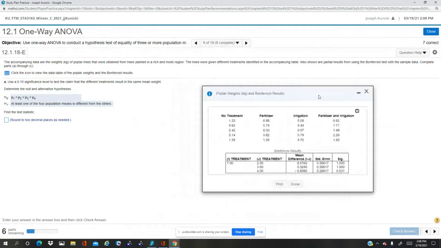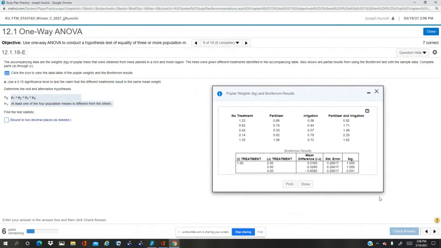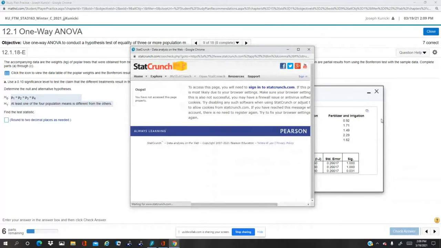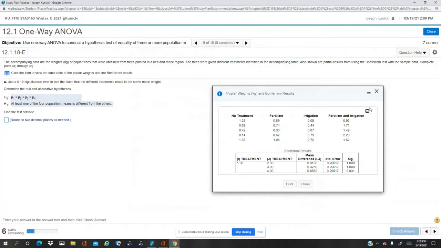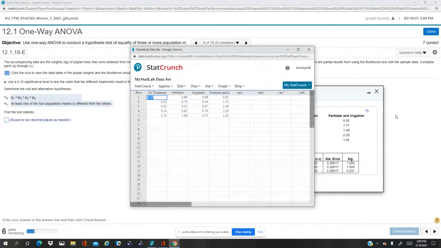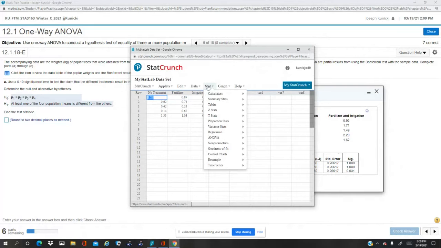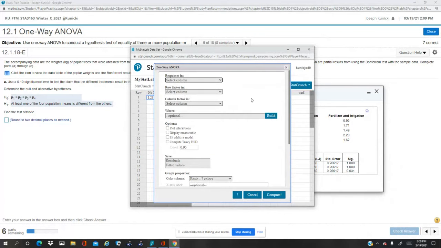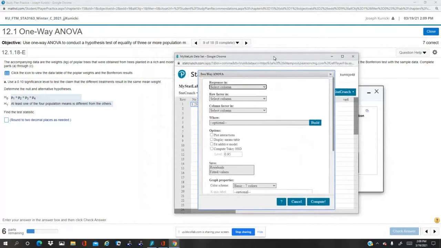So they give us the outcome. Or do they? No, that's the Bonferroni result. So first of all, notice there's 5 data points for each of the 4 means. So we put the data into StatCrunch. Second try always works. And we go to Stat, ANOVA, 2-way.